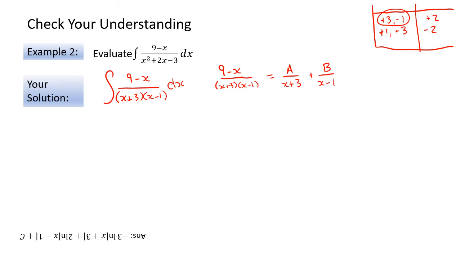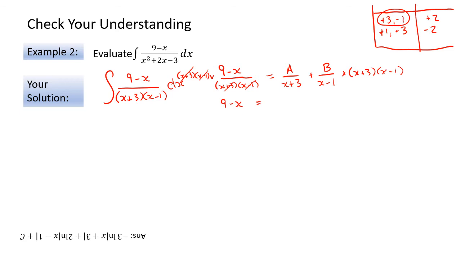Now, just like we did in the past, we're going to get rid of these fractions. And to do that, we're going to multiply both sides by all of these factors, x plus 3 and x minus 1. So on the left-hand side, the x plus 3's would cancel and the x minus 1's will cancel. So we're left with just 9 minus x.